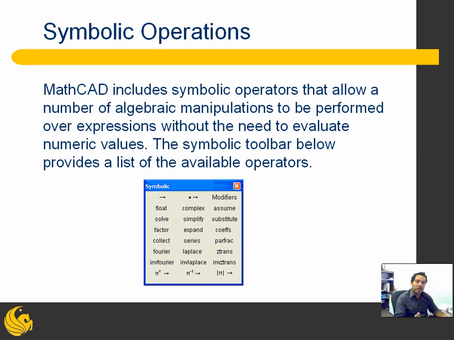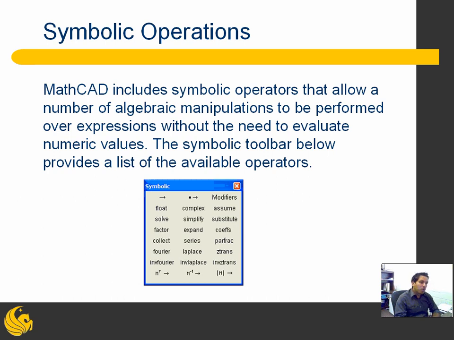That includes factorizing, simplifying, expanding, collecting, performing series expansions, integrating, differentiating, inverting functions, and performing even matrix manipulation in symbolic form. So we're going to exercise some of these today, and you're going to be able to see right away how impressive this is, and how useful it can be in the long run.